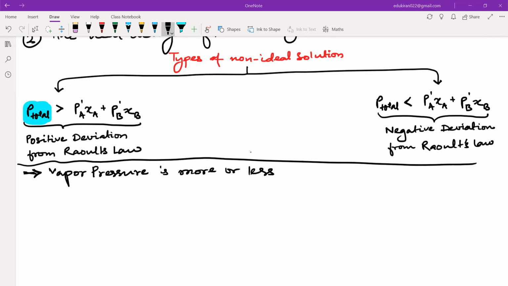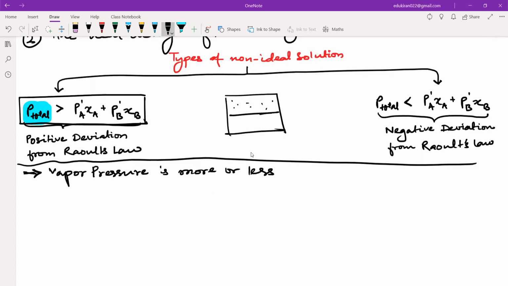Please keep your mic on. There isn't much time. Is the vapor pressure more or less? What is the vapor pressure here? More or less? Tell me. Yes, Hishma, Hania, Khalid, Khalil, Mazia, Minashi, Samaira. Tell me, guys. Vapor pressure will be more or less? Look at the situation here and tell me what the vapor pressure will be.